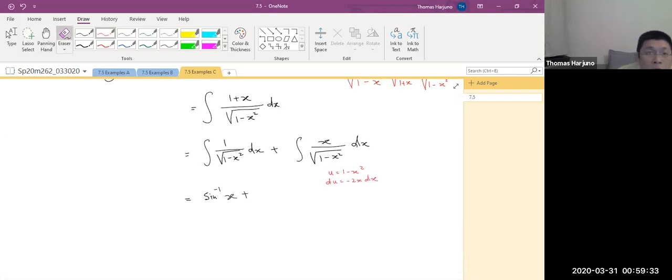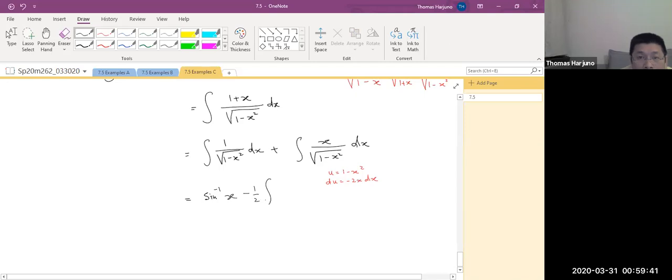So then this becomes negative 1/2 integral of du over u to the power of 1/2. I think you can integrate it from there yourself, right?